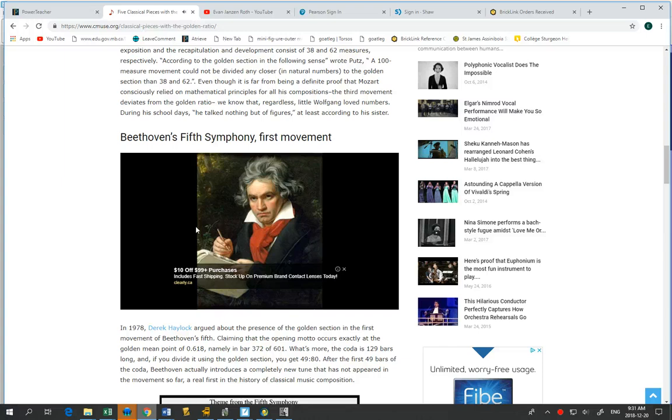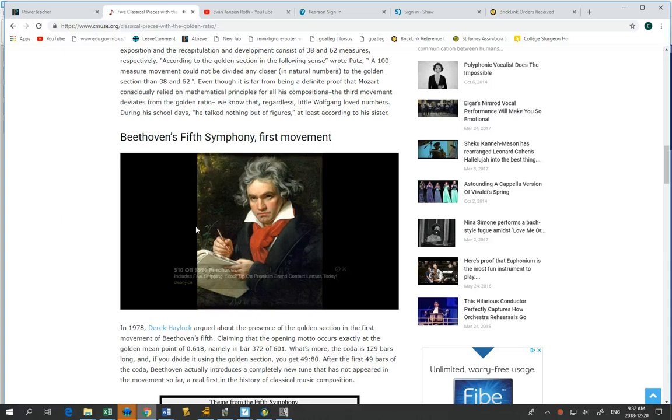It's such a good song. So I don't think he did it on purpose because he didn't use actual Fibonacci numbers. It happens in bar 372 of 601. And if you do 601 divided by 372, the golden ratio is 1.618, and that happens at 1.616.